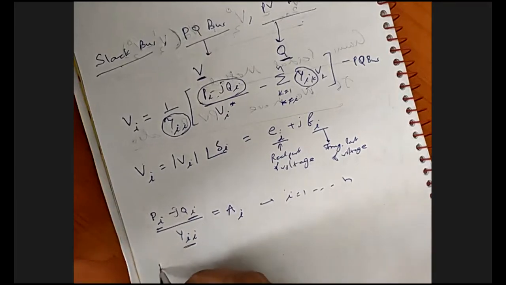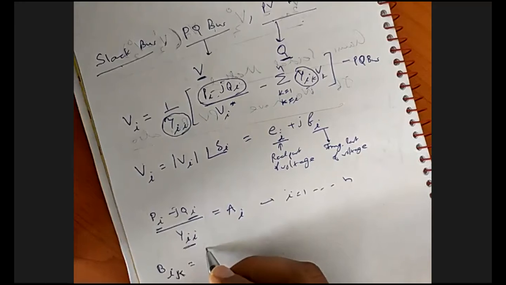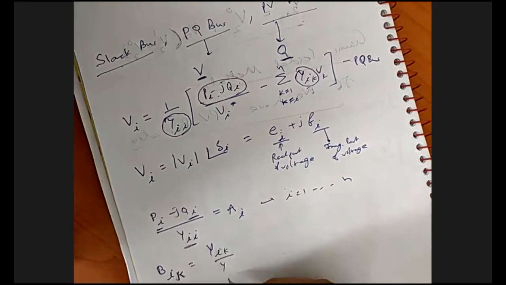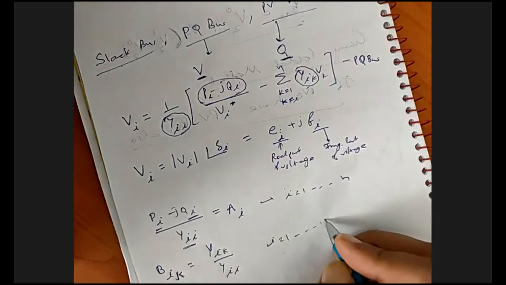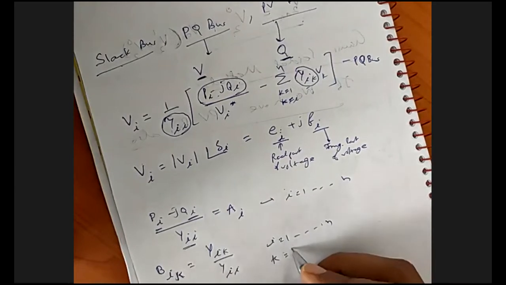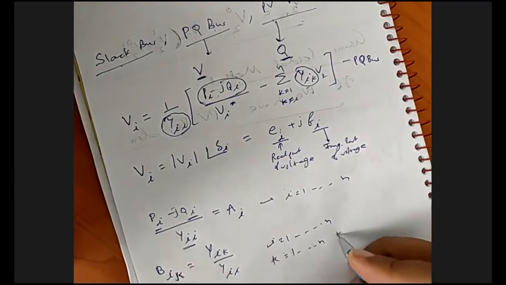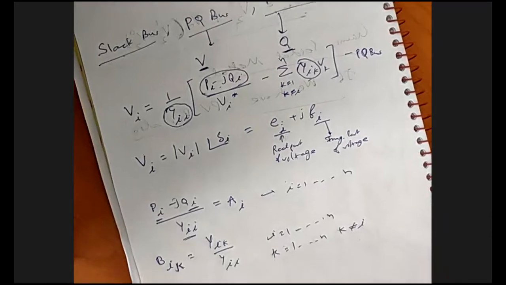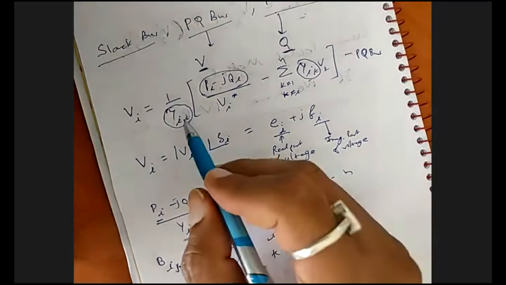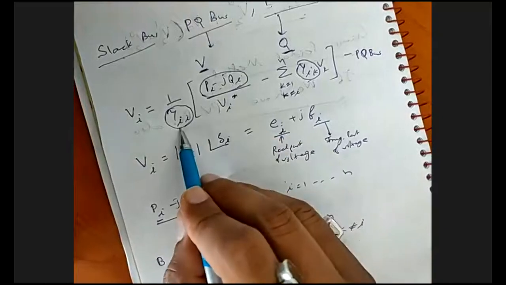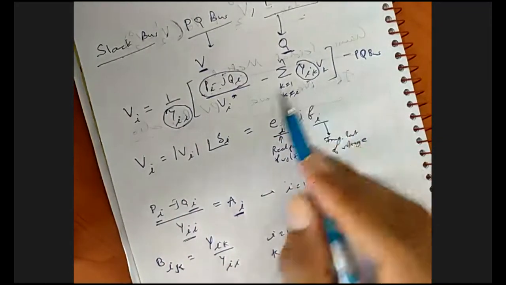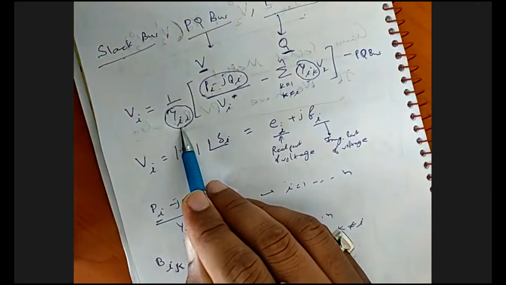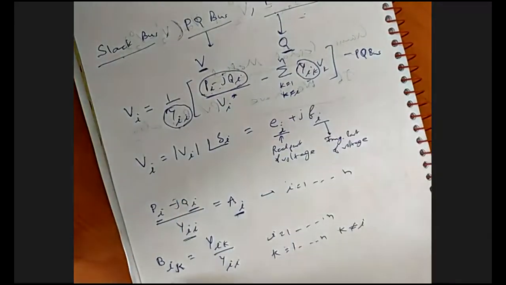Similarly, we define Yik upon Yii as Bik, where i equal to 1 to n and k equal to 1 to n, k not equal to i. So Pi minus jQi upon Yii is defined as Ai, and Yik upon Yii is defined as Bik.